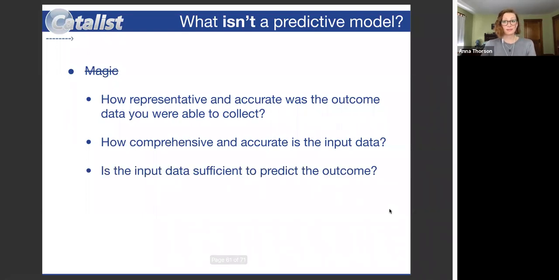And sometimes you find that your input data, even if it's good and thorough, is just not correlated with your outcome, and the algorithm just can't find patterns. And that happens too sometimes. So a model is not magic. It has to have data that's there to make it work.